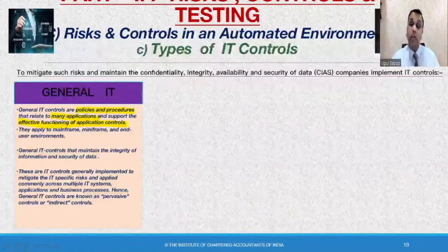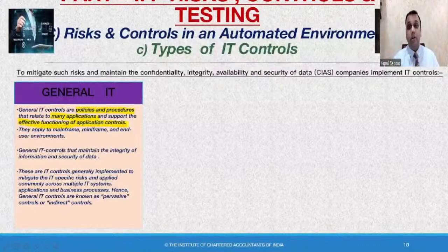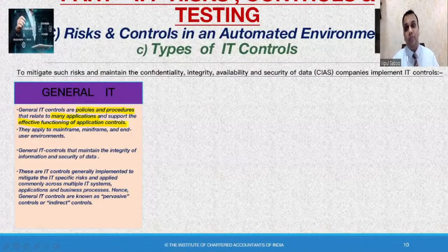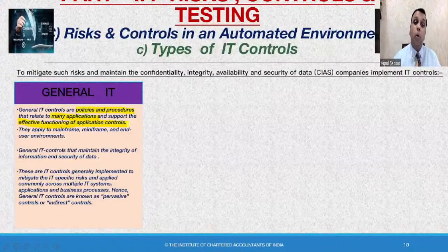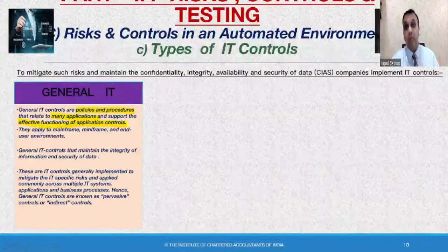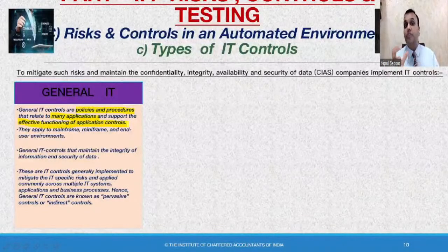But for both the businesses, what kind of IT controls would be the same? The general IT controls. General IT controls are those controls which support the application controls. Application IT controls are specific to each and every business owing to their nature.